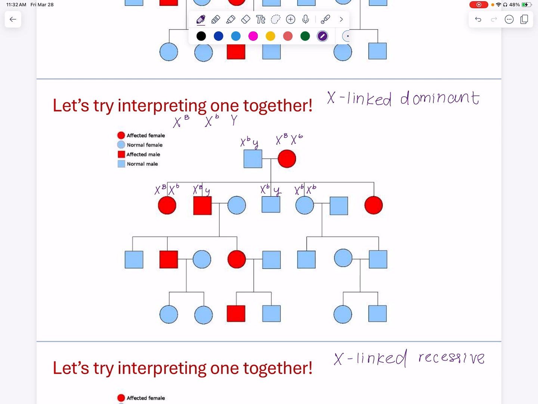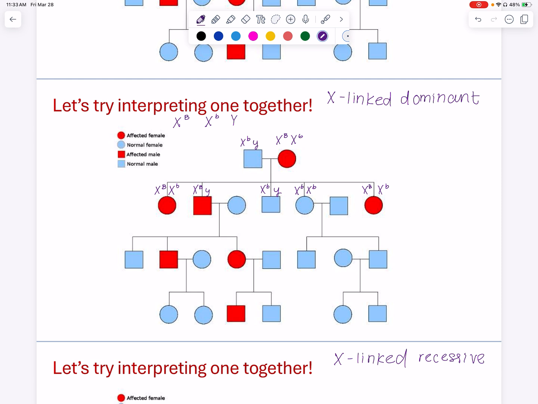And so this daughter is going to have X big B, X little b, because we know that that has to be the case from dad. So now, at this point, we can't necessarily rule out that this trait is X-linked dominant. So we are going to continue on, and we are going to look at the next generation.